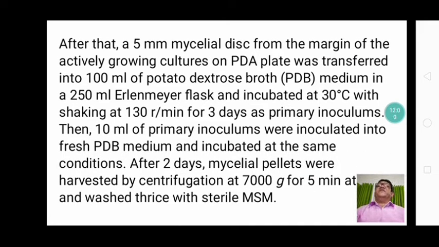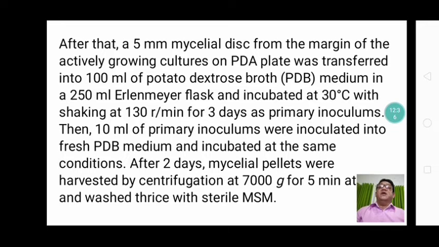After that, a 5 mm mycelial disc from the margin of actively growing cultures on a PDA plate was transferred into 100 ml of potato dextrose broth, or PDB, medium in a 250 ml Erlenmeyer flask and incubated at 30 degrees Celsius with shaking at 130 rpm for 3 days as primary inoculum. Then 10 ml of primary inoculum was inoculated into fresh PDB medium and incubated under the same conditions.